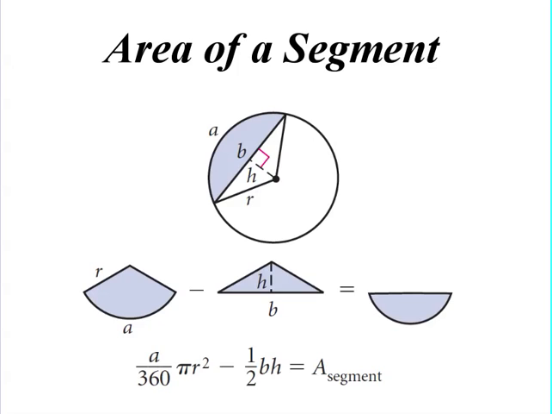That will leave you with the area of a segment. So the area of the sector, so we've got the sector here, minus the area of the triangle. And that will give you the area of the segment.